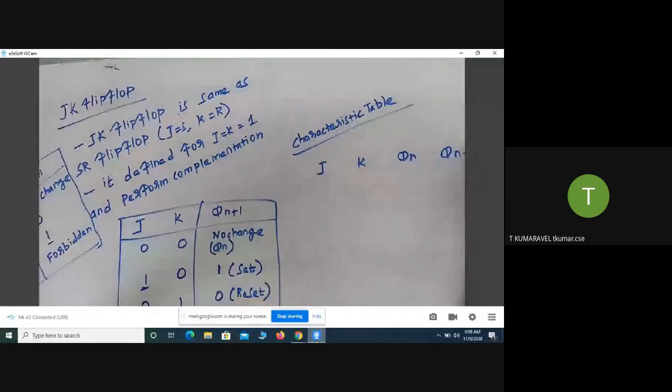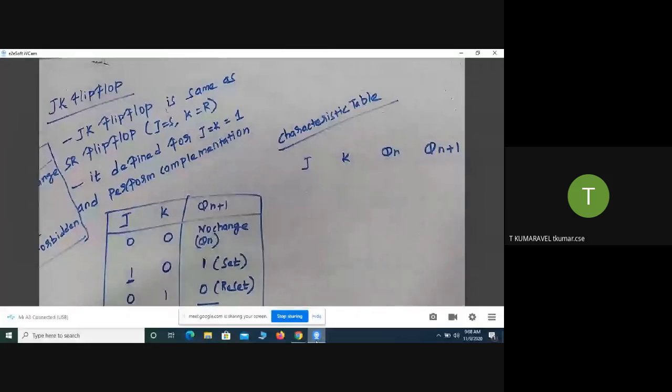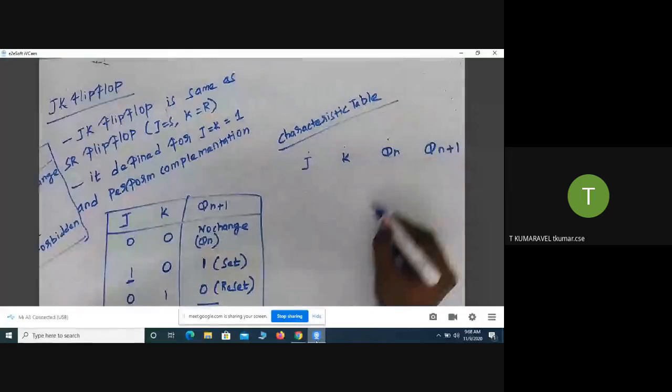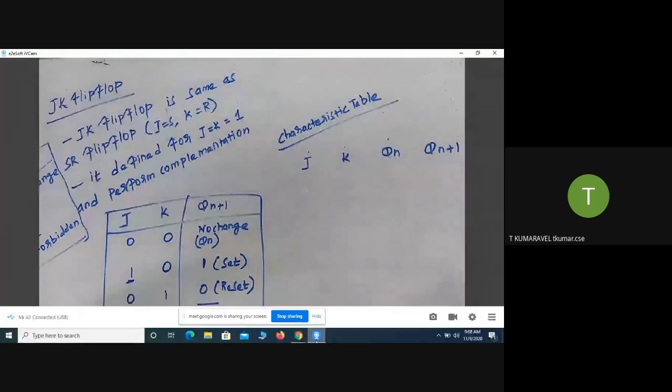I provide three inputs: J, K and the previous stage output, called Q1. Given these, what is the next stage output? That is the characteristics table. Here three variables are there, so how many input combinations are available?